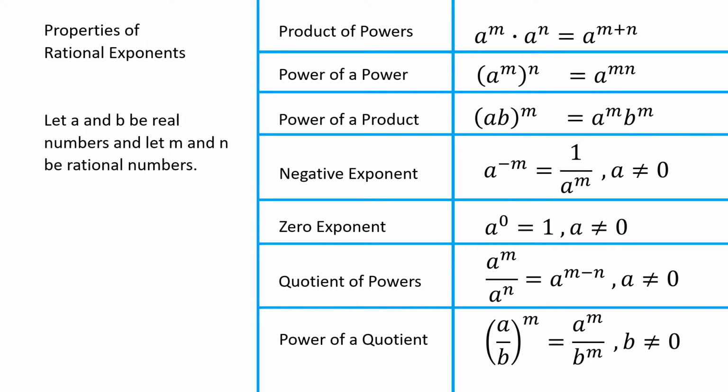Notice that a and b can be different numbers, but if the whole fraction is being raised to an exponent, we can do the numerator and denominator separately. We can do a to the m power divided by b to the m power. And notice here the restriction is that b cannot be equal to 0. Again, we are not allowed to divide by the number 0, breaking the laws of mathematics.